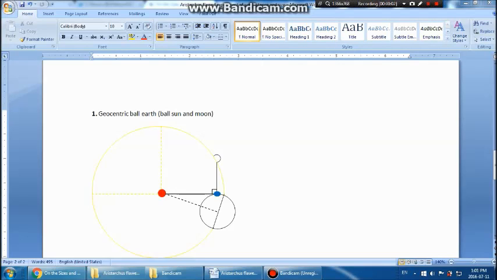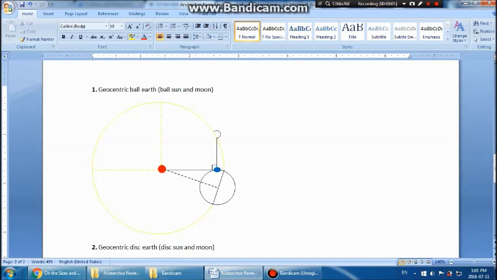So in the first case, in the case of the geocentric ball Earth, the red circle is the sun, the white small circle is the moon, the blue ellipse is the observer, and the large white circle is the Earth. We know that if the sun is smaller than the Earth, then it has a limited range for its illumination.